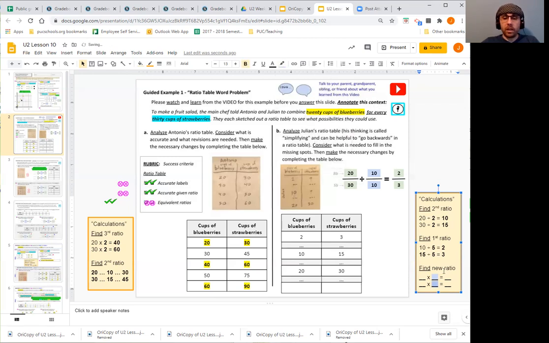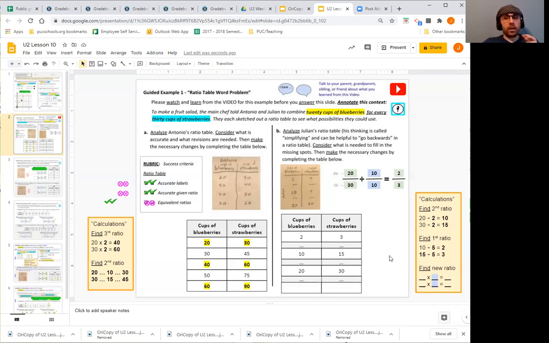Both of them have to be the same number, whatever that number happens to be. So again, you're starting with one of the ratios, and it doesn't matter which one you do. You could do in the first part 2 to 3, 10 to 15, or 20 to 30. You're multiplying by any number that you want, and whatever you get at the end should be your final ratio, and it should be an equivalent ratio to the original.